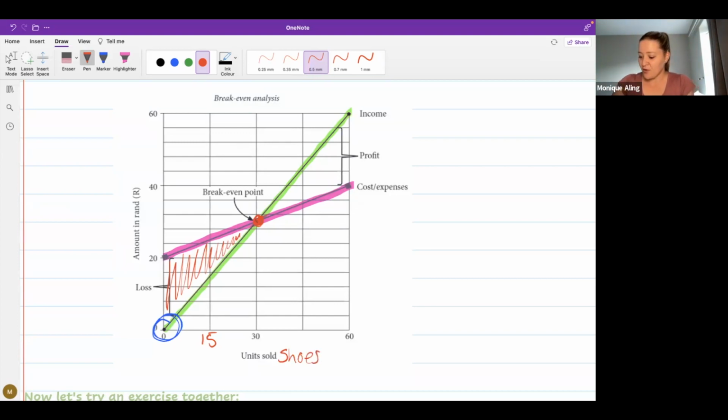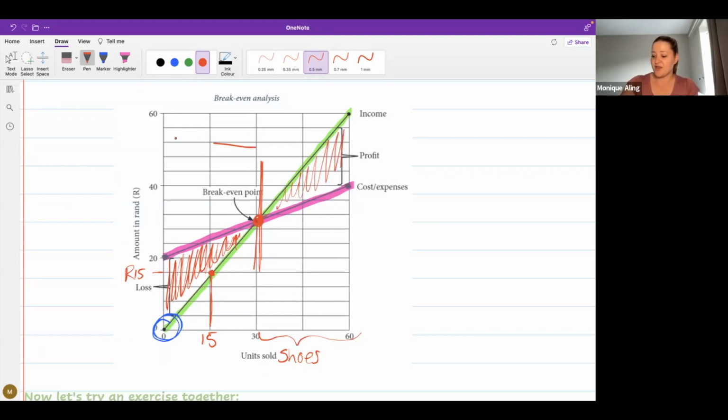I would only be making about, it's going up in, let's just check, going up in 5s. So it would be about 15 Rand. Okay, but that is below, that is before the break-even point. So it means you are making a loss. But if you're selling shoes from 30 upwards, it means you are making a profit.